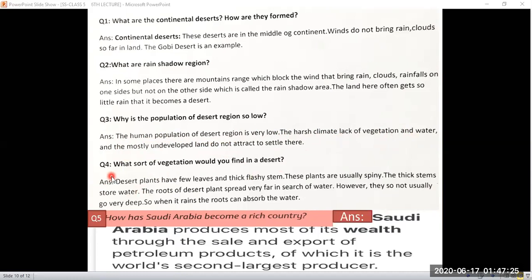Question number 4. What sort of vegetation would you find in a desert? Answer: desert plants have few leaves and thick fleshy stems. These plants are usually spiny. The thick stems store water.